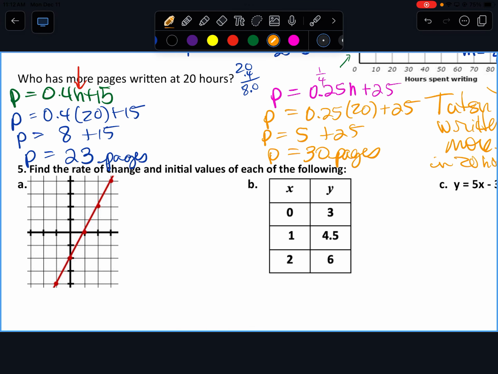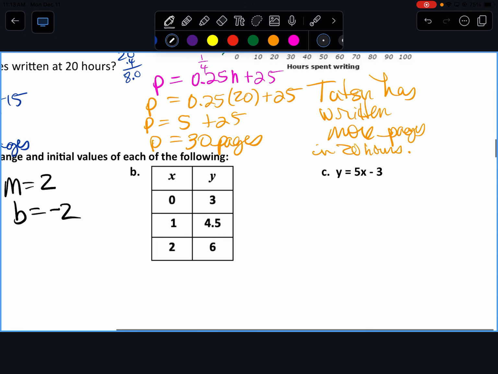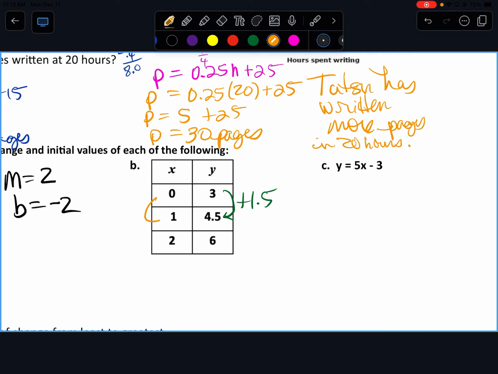Find the rate of change. So I go up 2, I go over 1. So my slope on this one is 2. Where does it hit the y-axis? It hits right here at -2. This next one goes up 1.5, and this right here goes over by 1.